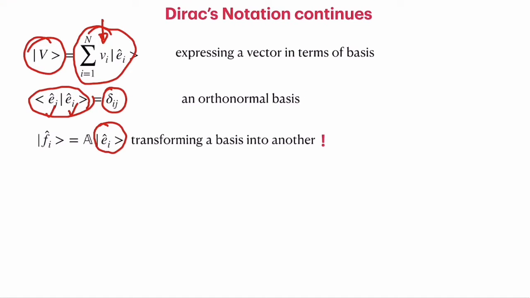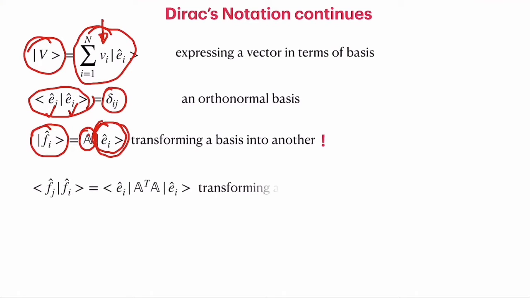We can transform a basis into another basis. This is a vector or ket for the basis vector E. It is a vector basis, and then this is a transformation matrix, and this is a new vector basis which is represented by a ket. Again, we can do this for dual vectors. It just gets flipped around, and then B also gets transposed as we have seen.